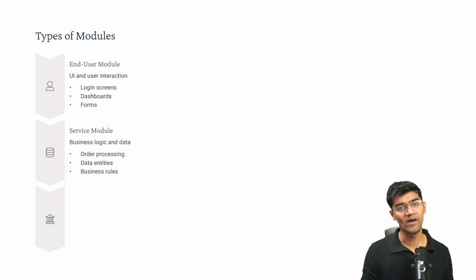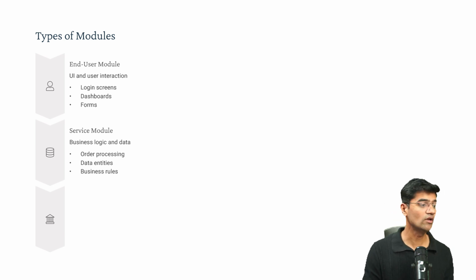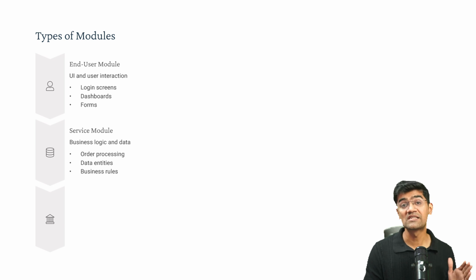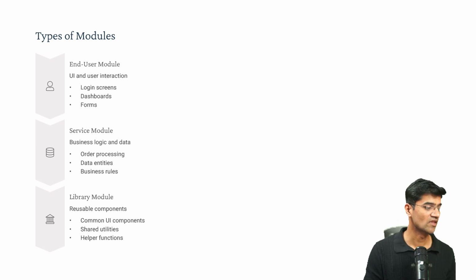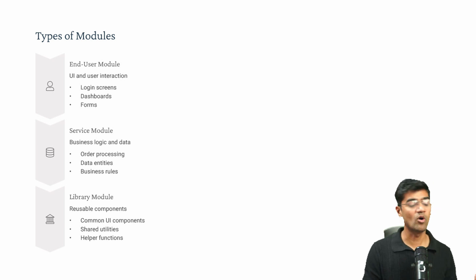Then OutSystems provides a specific service type of module. In this type of module, we can create business logic and integration services. We cannot create screens in this type of module. The third type of module is the library module, where we can create reusable libraries, reusable UI components, reusable logic, reusable functions, and helper functions.